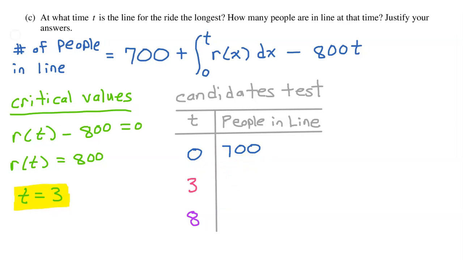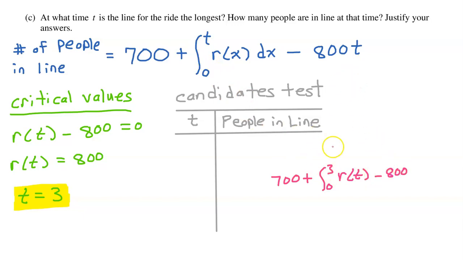To calculate the number of people in line at time t equals 3, we will use this equation. So 700 plus the integral from 0 to 3, we're talking about t equals 3, of r of t minus 800 times t, which is 3.